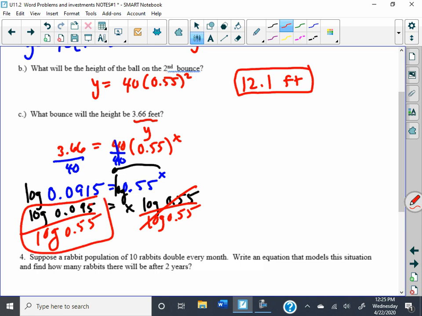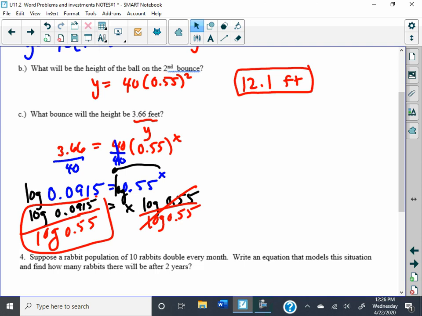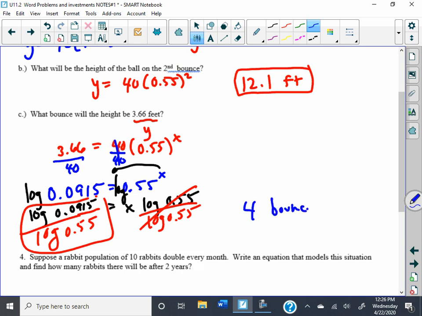The question is, what bounce is it going to be at 3.66 feet? Plugging that into our calculator, it looks like it's going to be about the fourth bounce. When you put that in, it's like 4.00011. So that tells us it's going to be the fourth bounce.